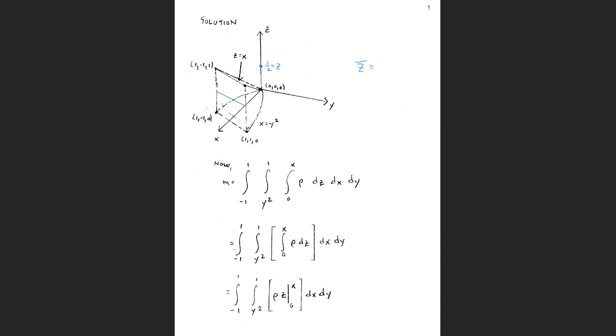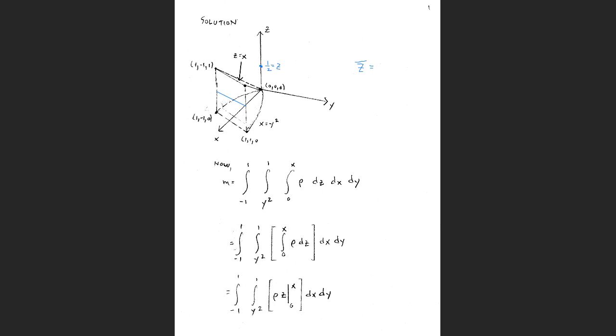Just like with respect to X bar, the solid was heavier in front of the plane X equals a half. That caused X bar to be greater than a half.